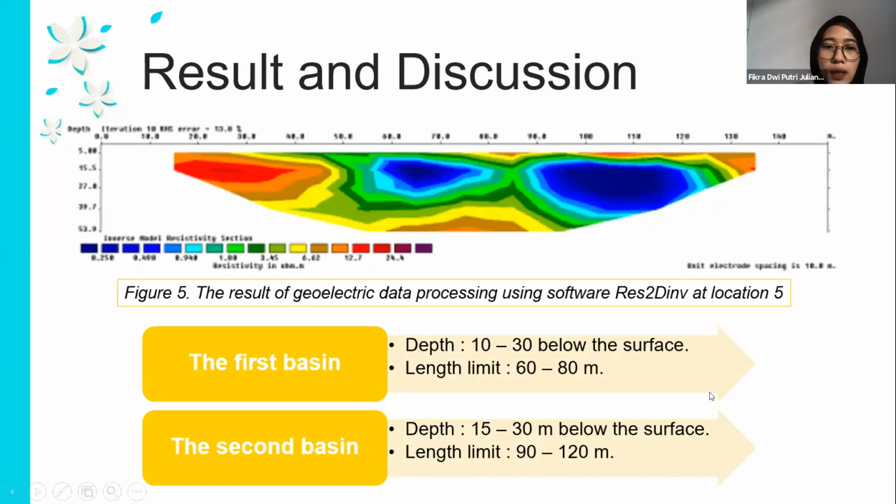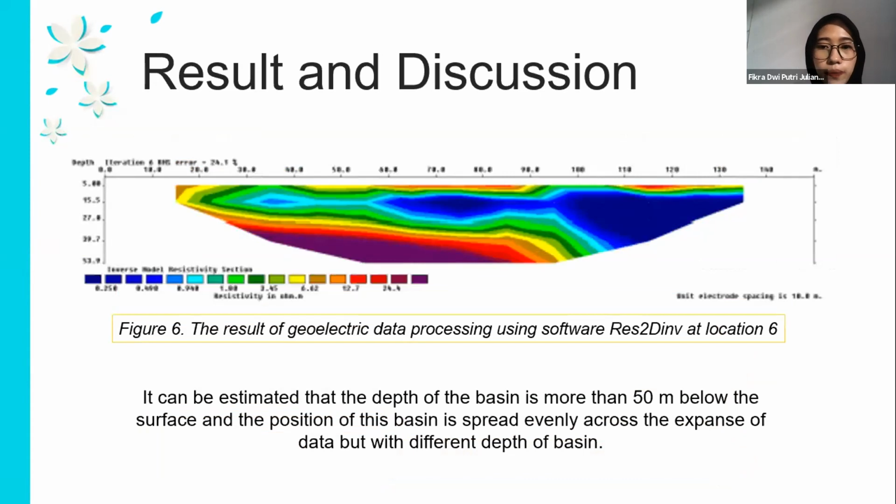Location 5 has a first basin with a depth between 10 and 33 meters below the surface, and a length limit from 60 to 80 meters. And the second basin has a depth between 15 and 30 meters below the surface, and a length limit of 90 up to 120 meters.